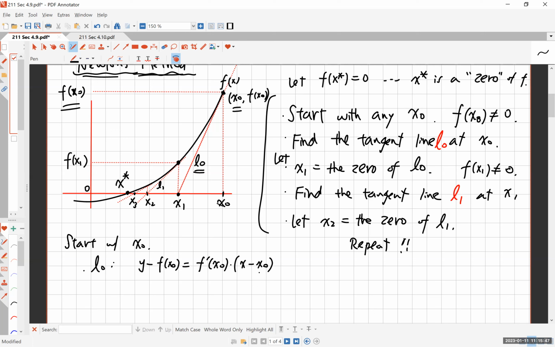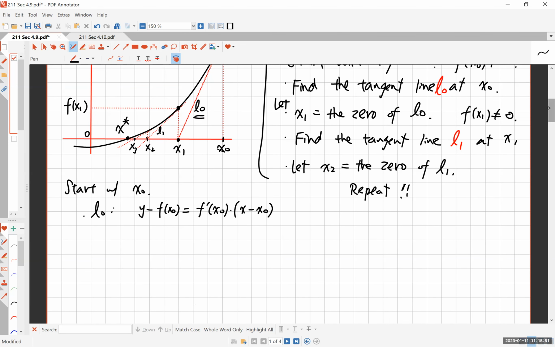This is the point-slope form of the equation of the line: y minus y1 is equal to m times x minus x1. That's typically how the point-slope formula is described. Actually, what we're looking for is x.